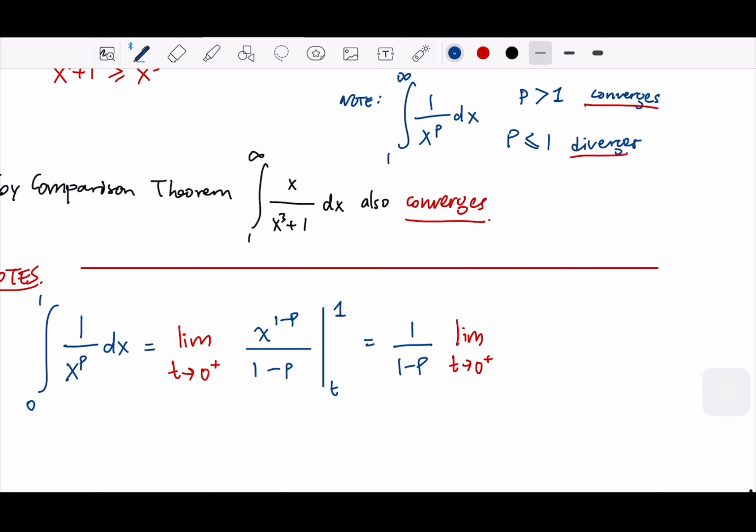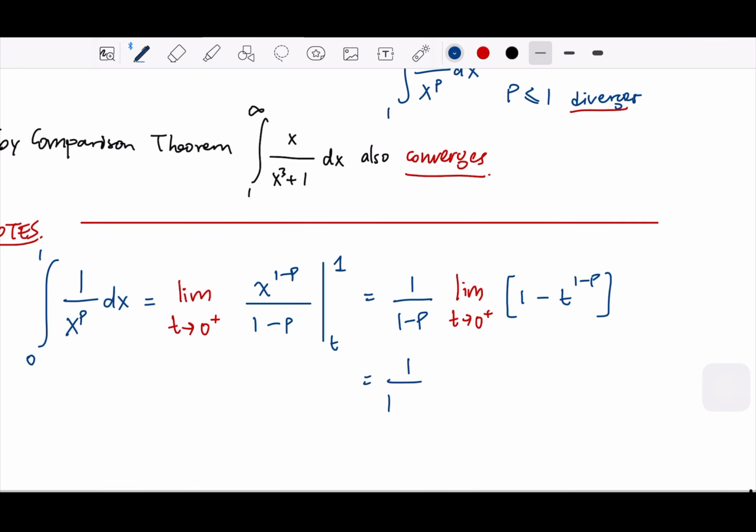We are going to have 1 minus t to the 1 minus p. And from here we get 1 minus, I will make it into a fraction, 1 over t to the p minus 1.